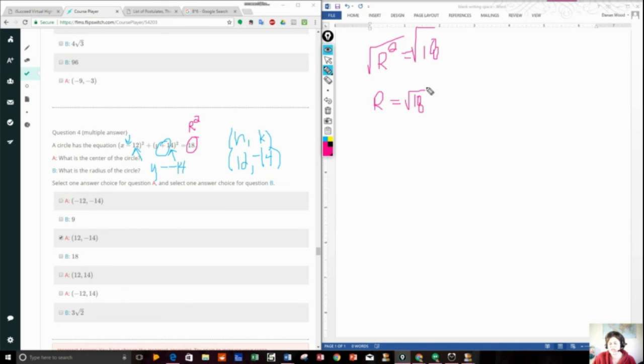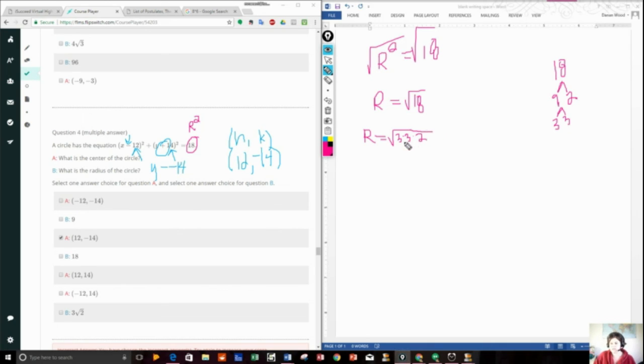They used the exact value, and thinking back to break down radicals, we factor out 18. So 18 is 9 and 2. 9 is 3 and 3. So I could rewrite this as r equals the square root of 3 times 3 times 2.